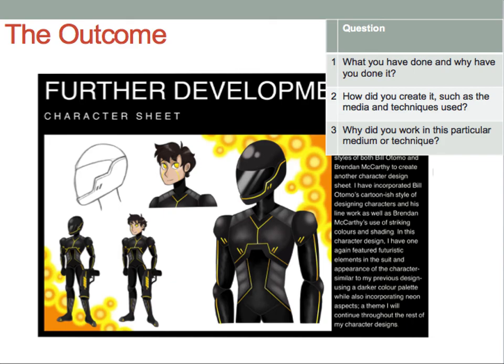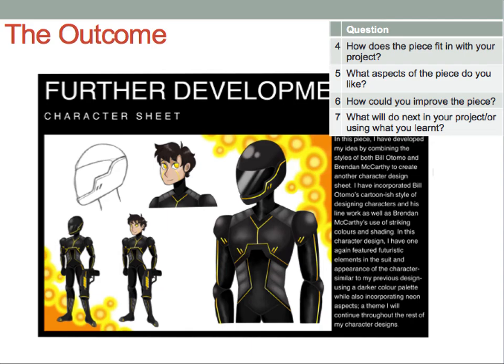What have you done and why have you done it? How did you create it, such as the media and techniques used? Why did you work in this particular medium or technique? And again, all of these things will link back to the lookbook, your artist, and what you plan to make. So please relate them, use the keywords.